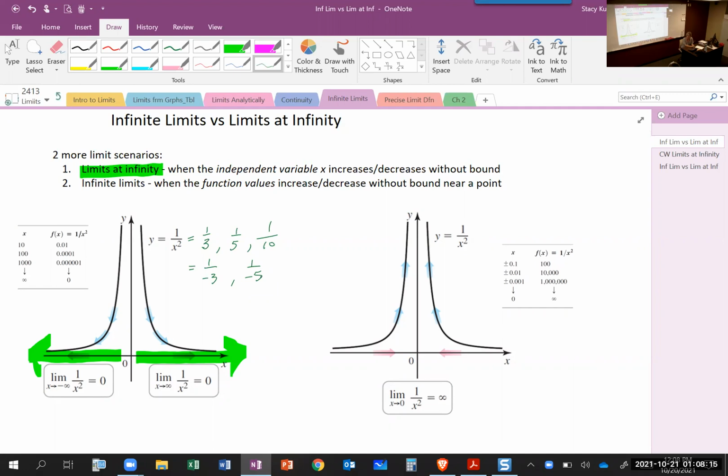So this is what we're thinking about when we talk about limits at infinity. And when we come back to class tomorrow, we'll finish up talking about what happens when I take an infinite limit, okay? We'll leave that one there for right now, because we're going to focus on the limits at infinity.